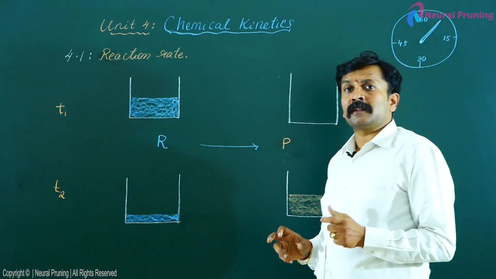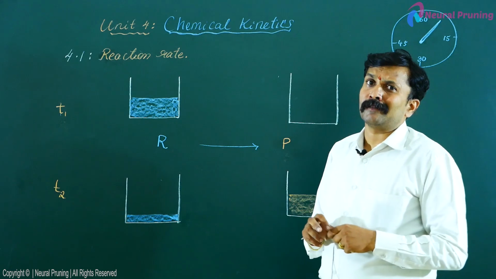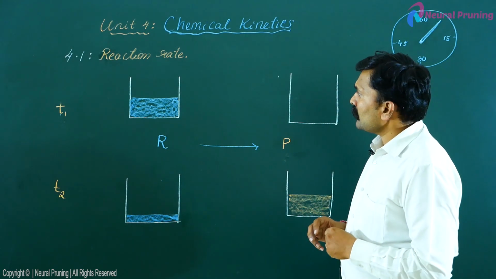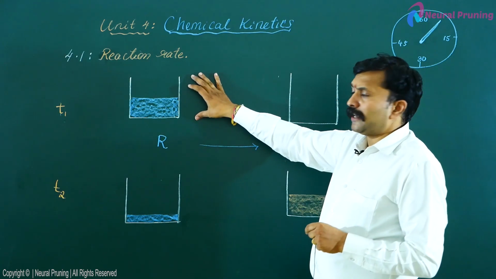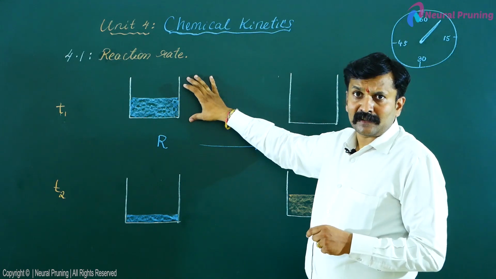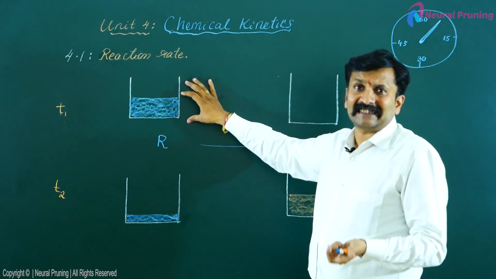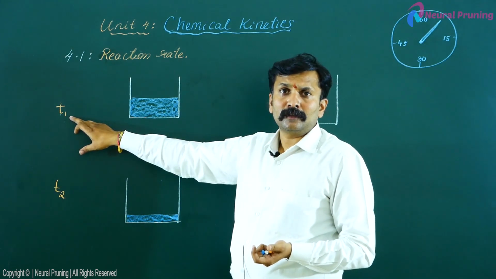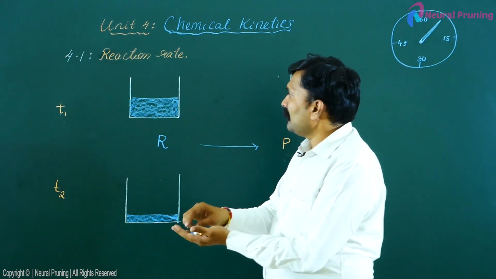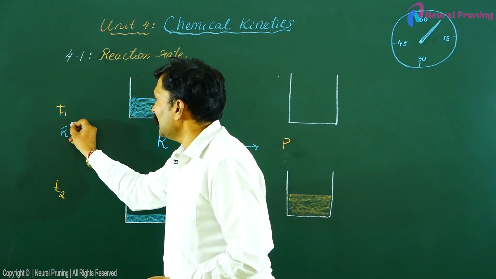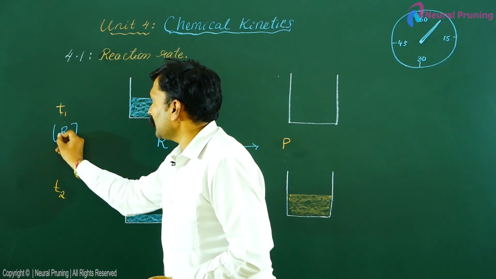Now let us consider in an experimental manner how the reaction proceeds. Consider the diagrammatic representation of the reactants, which have more concentration at time T1. So the concentration of the reactant we are considering at T1 is R1.